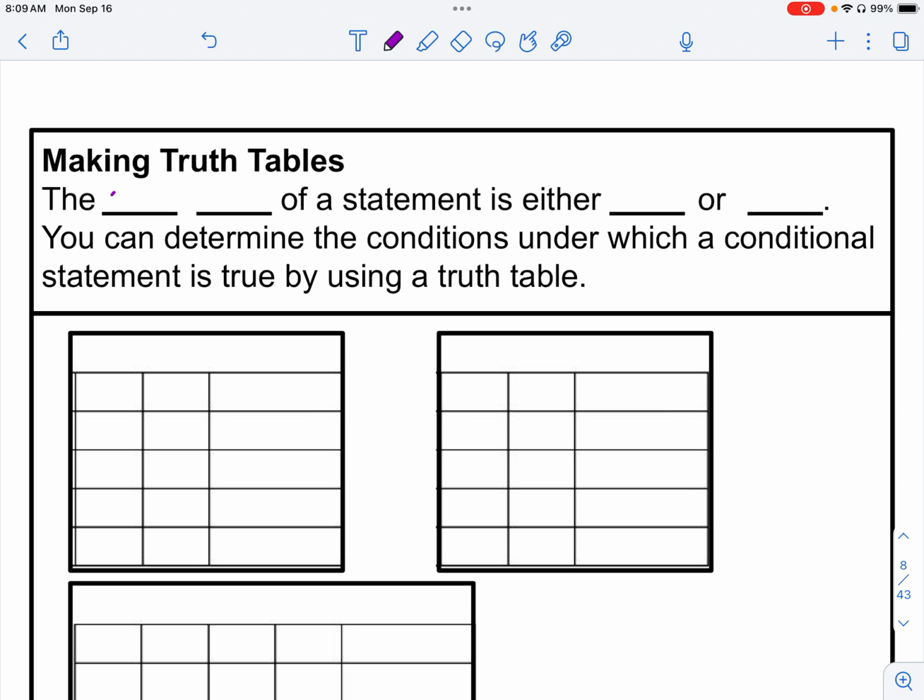So the truth table we're going to use, because the truth value of a statement is either true or it's false. Can't be anything else. So we're going to use a truth table to show us what the possible outcomes are.